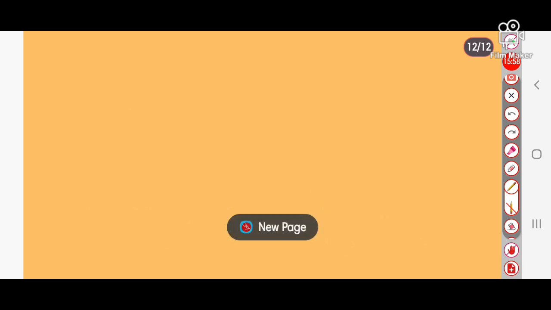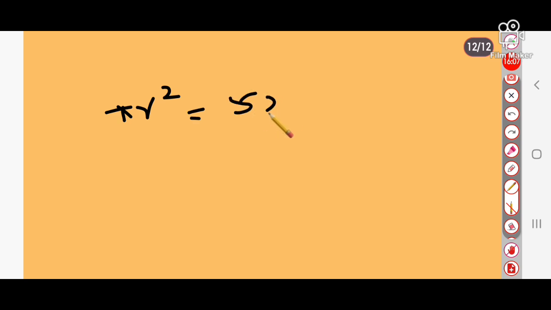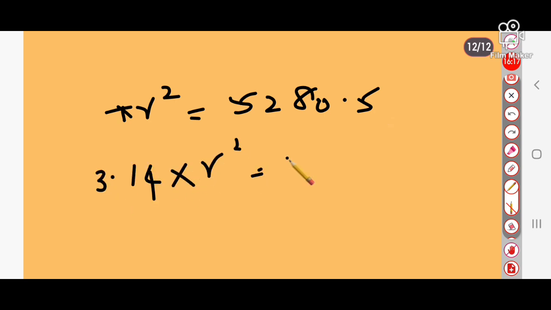Now they are asking us to find the diameter. So equating the net area to pi r square, 3.14 into r square is equal to 5280.5.